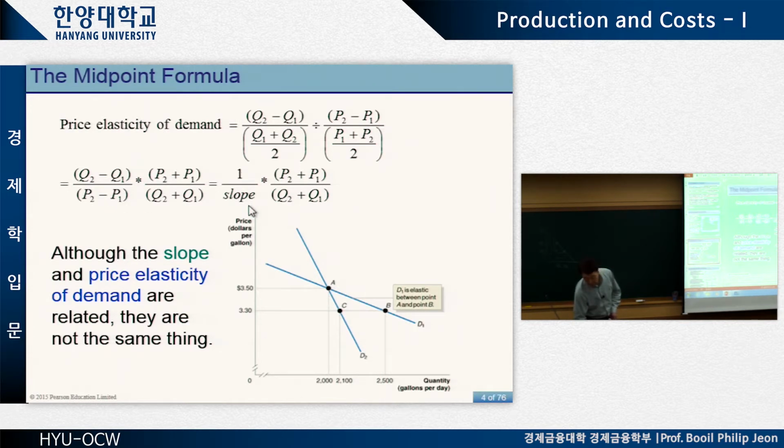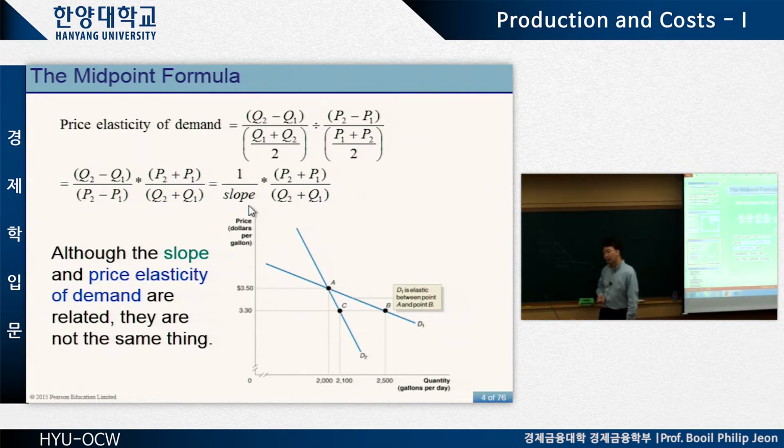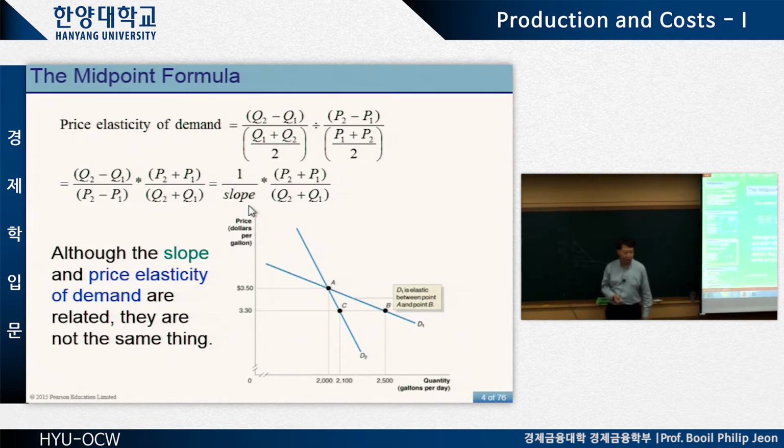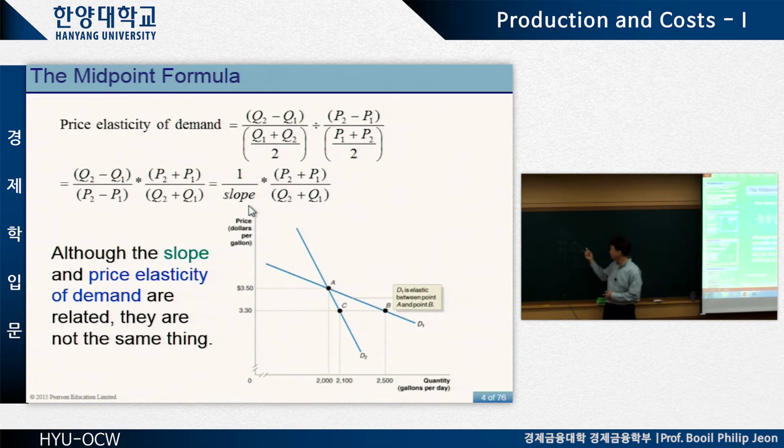If you have a straight line demand curve like this, the slope is the same at all points on this demand curve, because if it's a straight line, whether you measure the slope here or here or here, the slope is constant, regardless of the location.